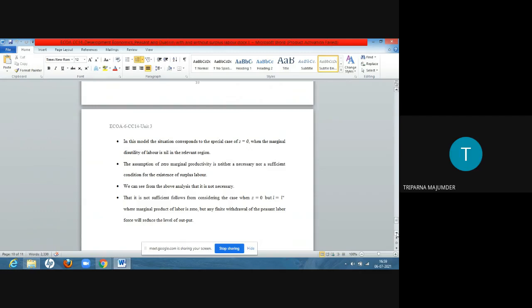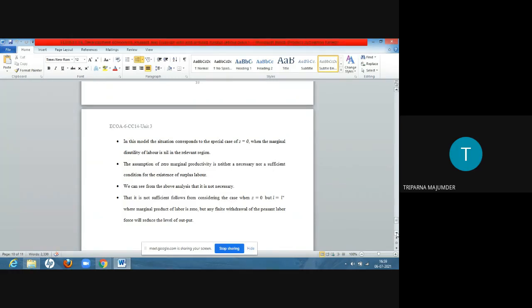So in coming to that condition, we never found it necessary. We derived the condition for existence of surplus labor without the assumption of zero marginal productivity.